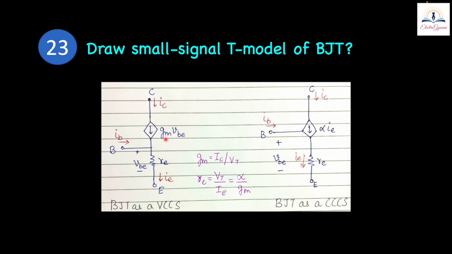That's why we can say that here the BJT is represented as a voltage controlled current source. Equivalently, we have a current controlled current source where gm VBE is now replaced by alpha IE. So in this case gm VBE is equal to alpha IE.